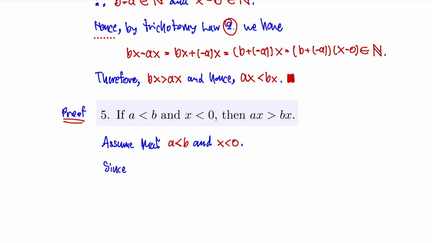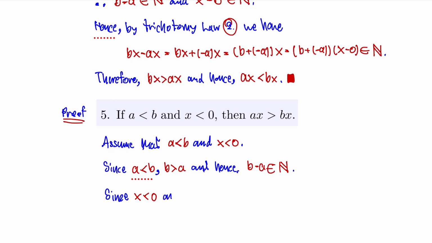Since a is less than b, by definition of inequality we have b greater than a, and hence b minus a is in the set of natural numbers. Now what about x less than 0? We know that x is less than 0 and x is an integer.